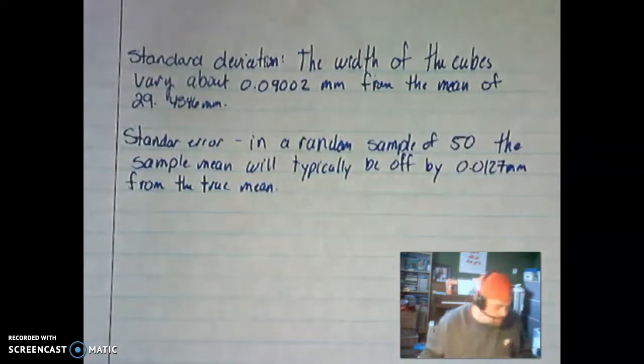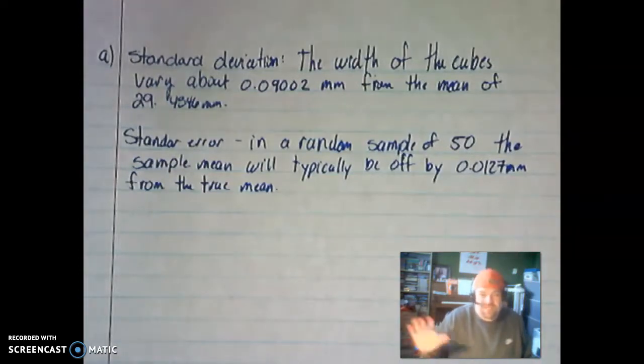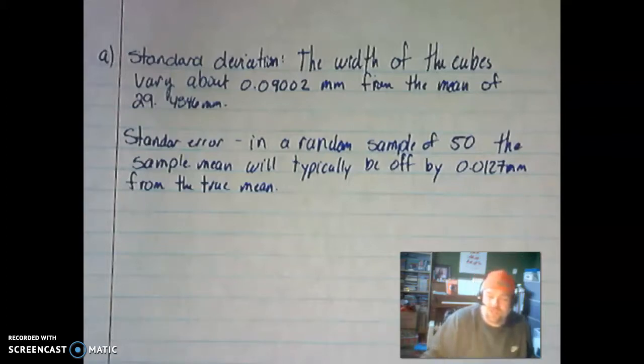So again, this is part A. The standard deviation looks at how far we are from kind of the population, the way you can look at it, even though it's our sample. The standard error is if we continue to take a random sample of 50 cubes, we will typically be away from the true mean by about 0.0127 millimeters.